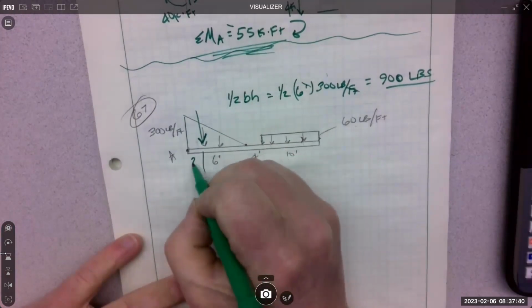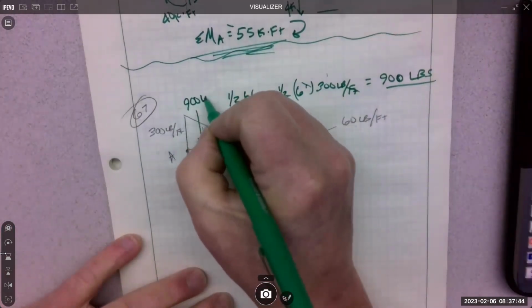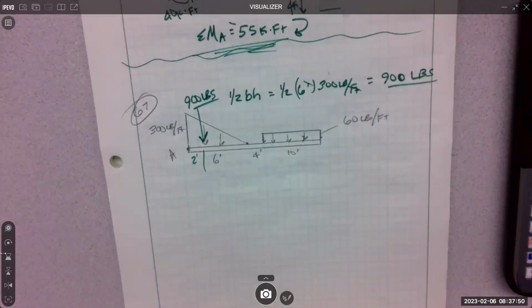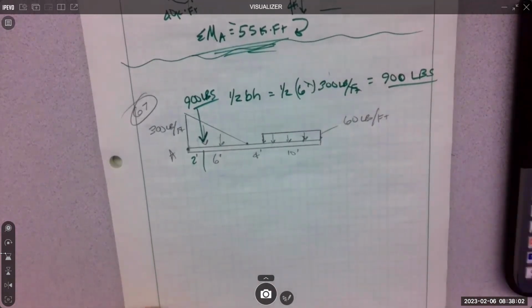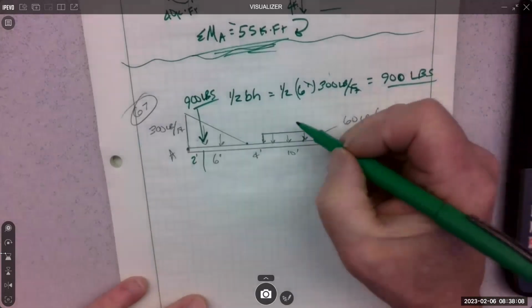So it's right there at 2 feet, and it is 900 pounds. And that's exactly how I do it. I usually leave the triangle there, but I'm only going to use the 900 now, right? I just concentrated that distribution. Excellent. And then the rectangle, that's an easy one. Length times height, 10 times 60, 600.